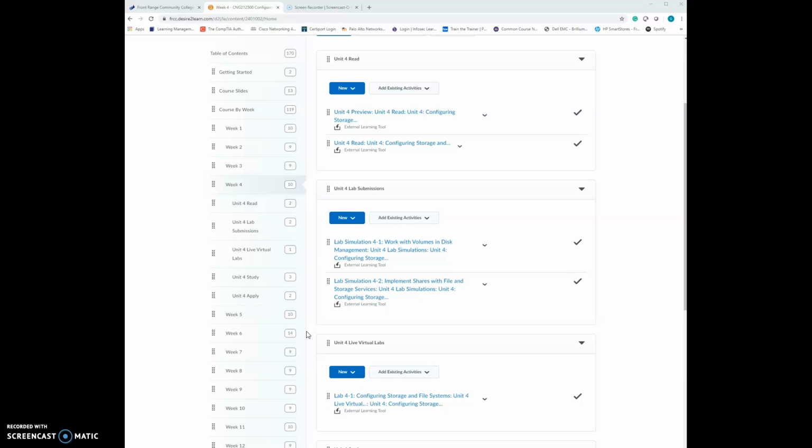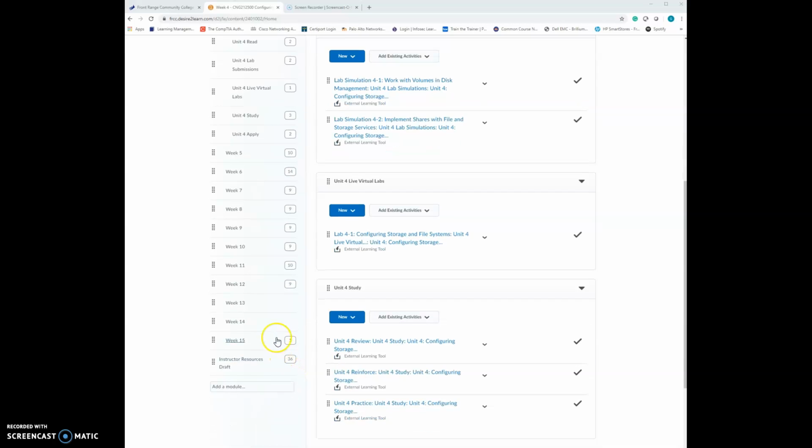This relates to our work later on. When we get to weeks 13, 14, and 15, we're going to be working on a project. We'll also develop a portfolio. So you can say, during my time when I took this course at Front Range, I implemented and configured a server, and this is what I did within the server.